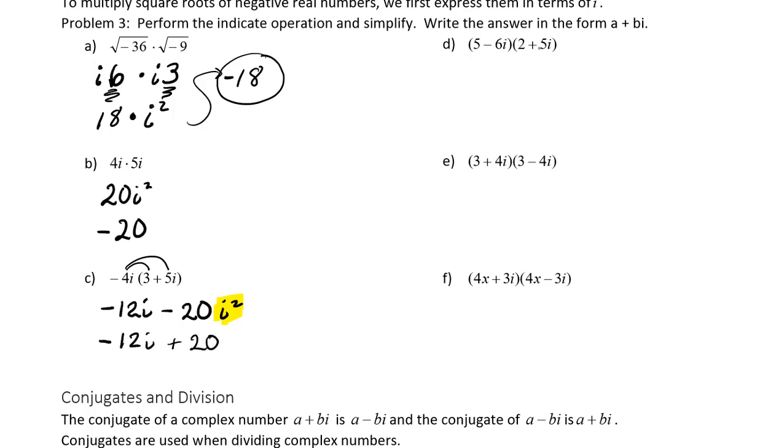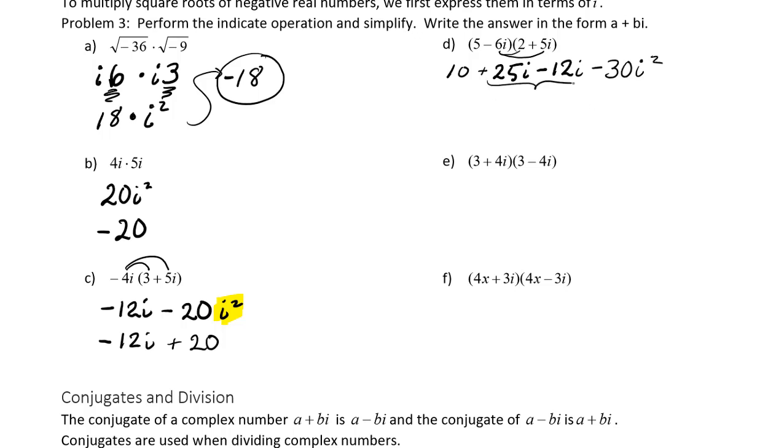Now in this next exercise we have 5 minus 6i times 2 plus 5i. These are binomial factors multiplied together, so their product will be found using FOIL. 5 times 2 is 10. 5 times 5 is 25, and that does have an i with it. The inner will be negative 6i times 2, so negative 12i. And negative 6i times positive 5i will be a negative 30i squared.